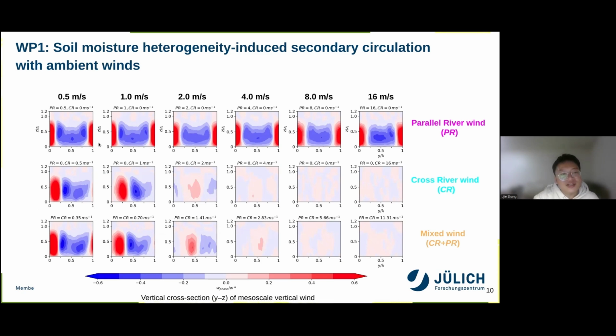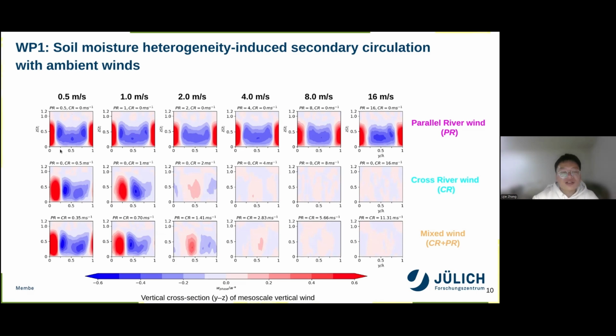At the edge, you have less latent heat flux because you use more energy to increase the skin temperature. So on the edge side, you have the red colors, which means the air goes up. It's an updraft. And in the middle, the air goes down, a downdraft. The color represents the vertical wind: red is positive, the air goes up, and blue is the downdraft, the air goes down.